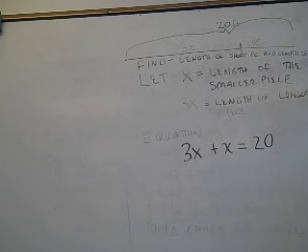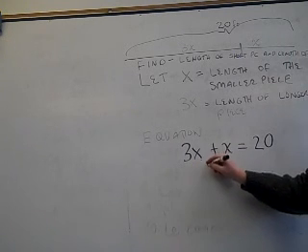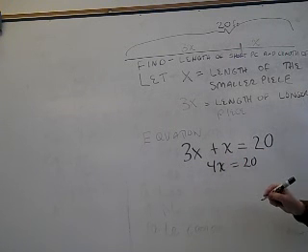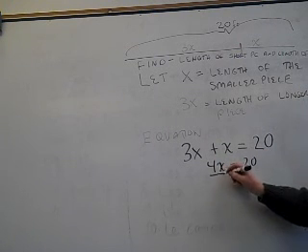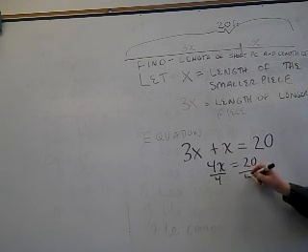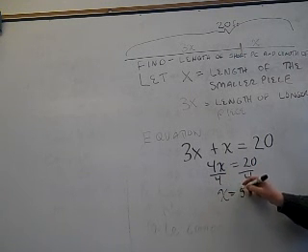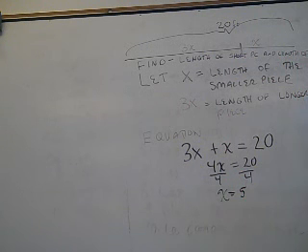And now we've got something that's like the test questions. 3x plus x is 4x. We want x by itself, so we divide by 4. Have to divide the other side of the equal sign by 4. We've got x equals 5. So that's solving the equation and setting up the equation.